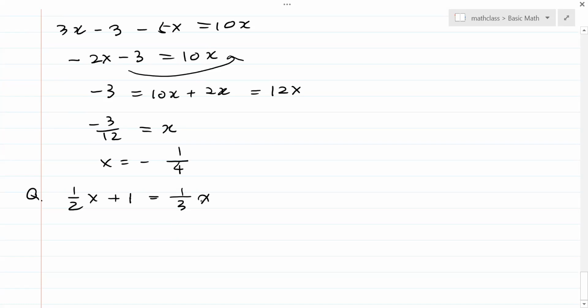So in order to get rid of the two fractions at the same time, you have to find a number containing 2 and 3. So what is that number? Smallest number, 6. Yeah. So you multiply by 6. You put the note on the side. 6/2 is 3. 1 times 6 is 6. And 6/3 is 2x.